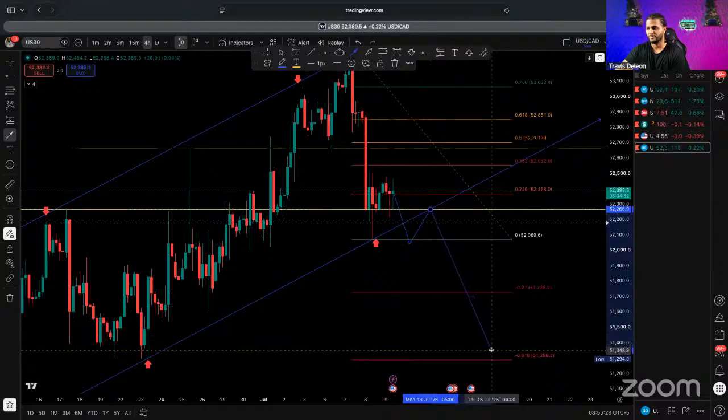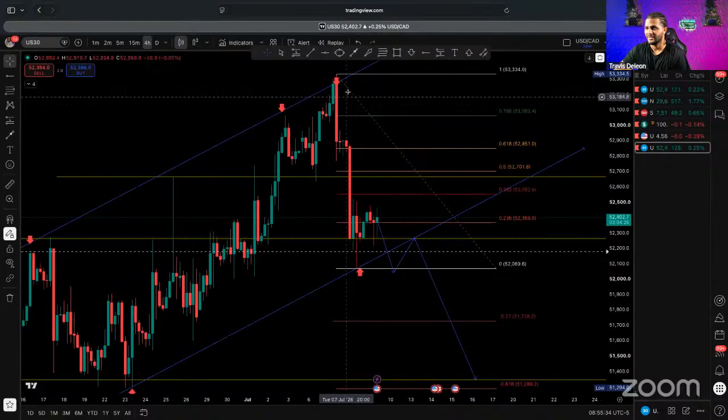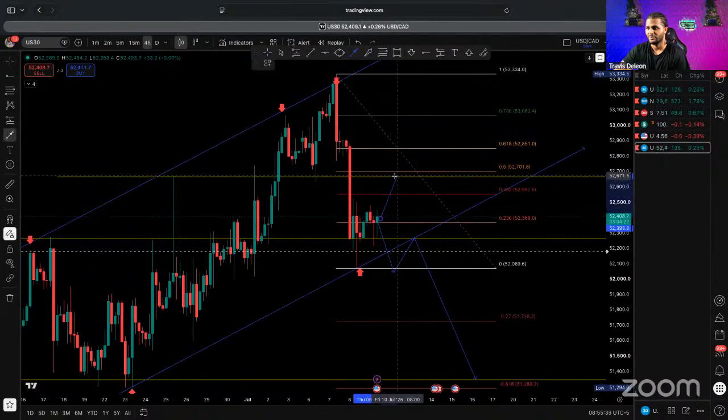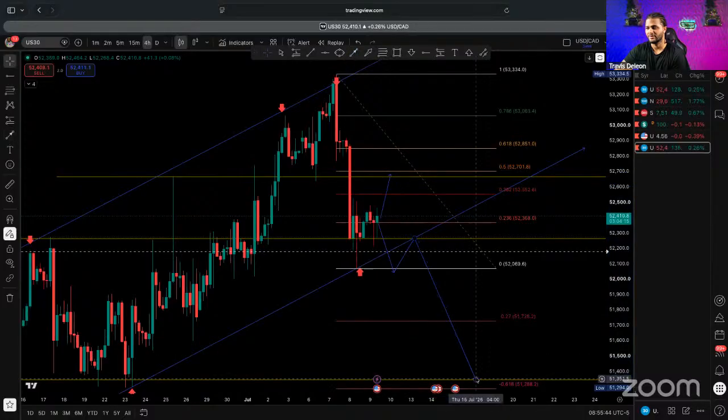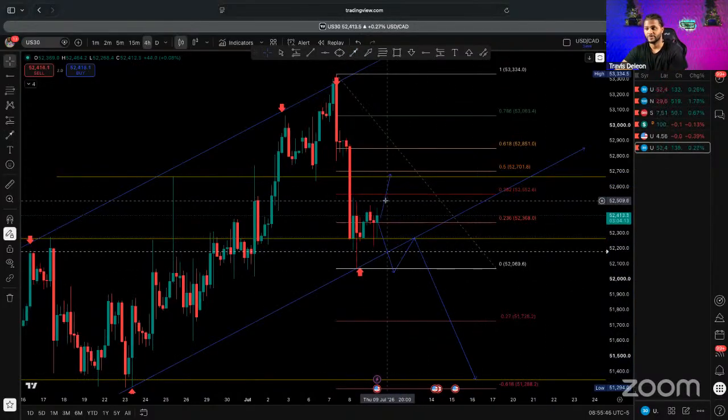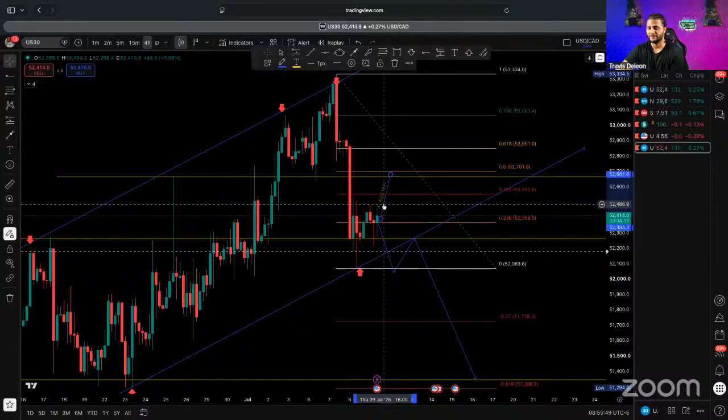I'm looking for price to come back into that 51,350 level. If for some reason price comes all the way up here, I'm looking for a sell into the 52,680 levels. I'm looking for a sell in this level to come down. So those are the different possibilities I'm looking at right now.